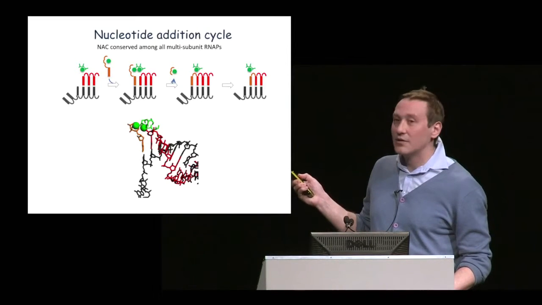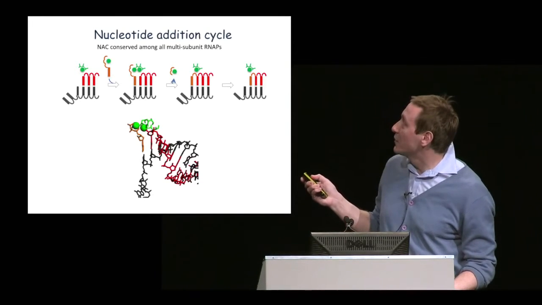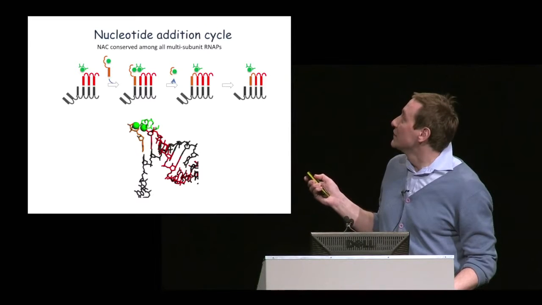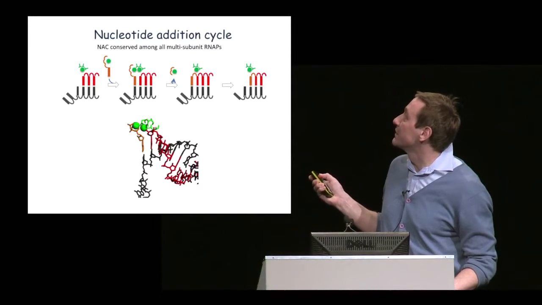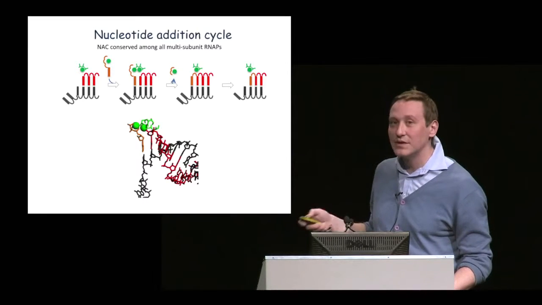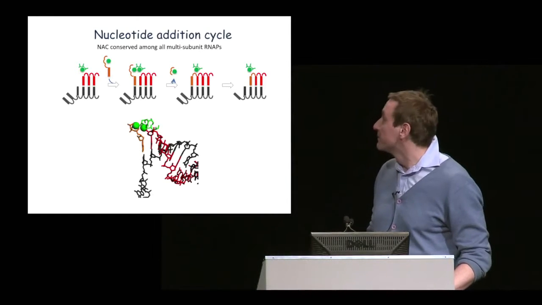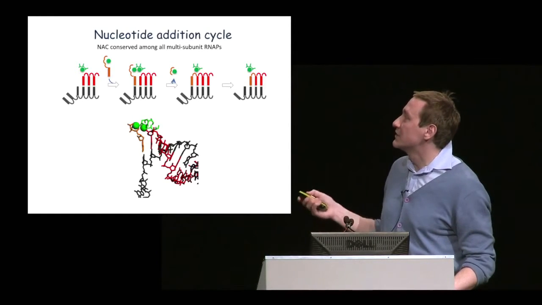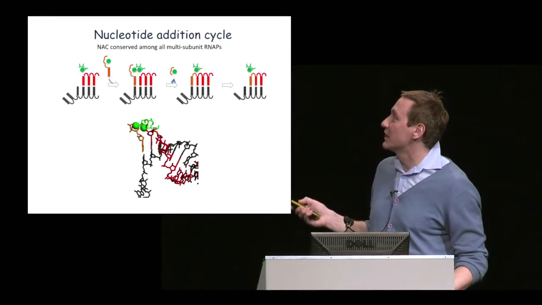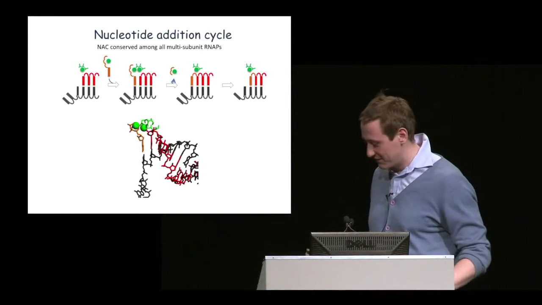The RNA is now 1 nucleotide longer. The pyrophosphate leaves, and RNA polymerase shifts forward to bring the next template base to the active center and vacate the space for the next nucleotide to come and be incorporated. And this is the crystal structure representation of what I just said, and it looks quite similar to what I drew.